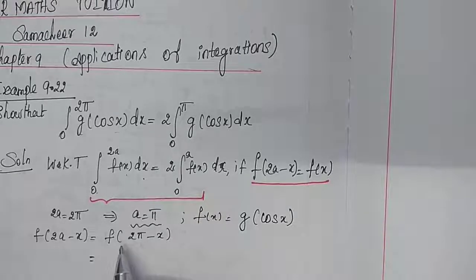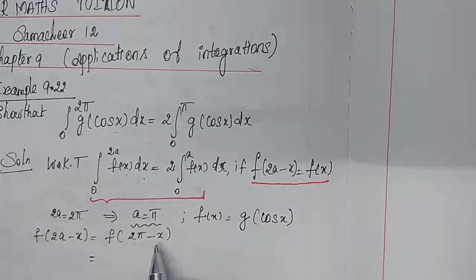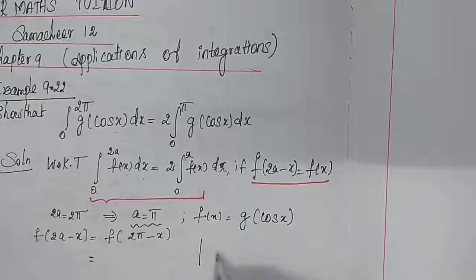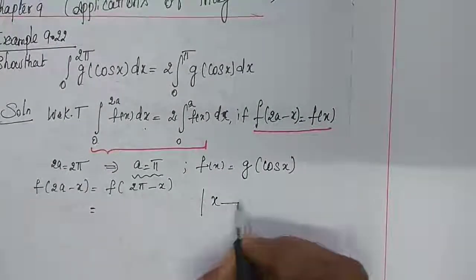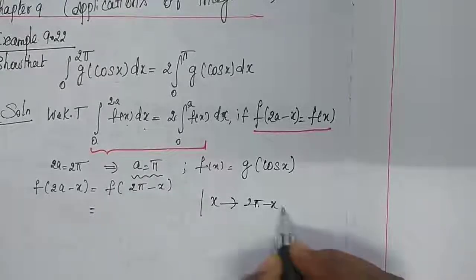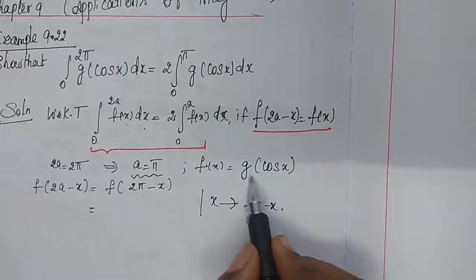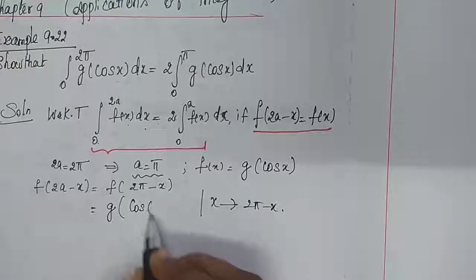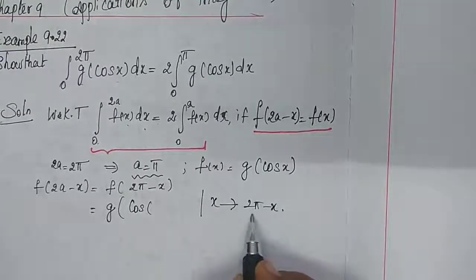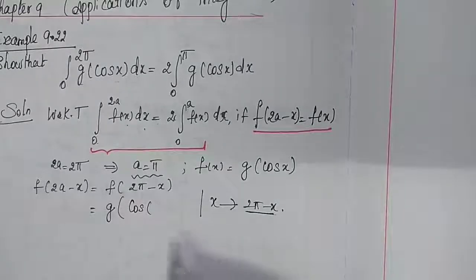So replace x by 2π minus x: g of cos of (2π minus x).